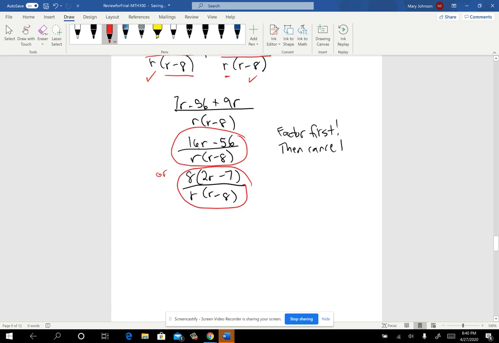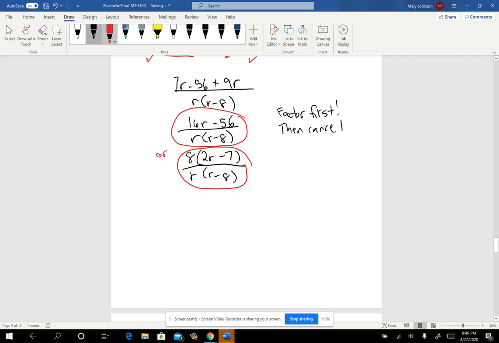All right, so I want to look at problem number 27. That's a problem where you're being asked to simplify, but it's a complex fraction. So it has all those little fractions.